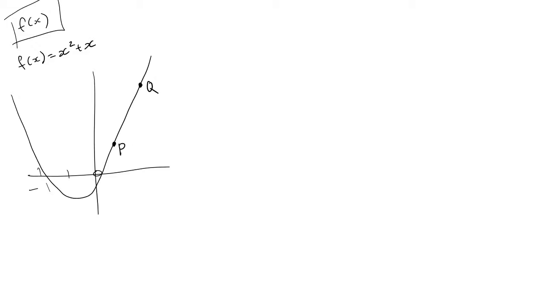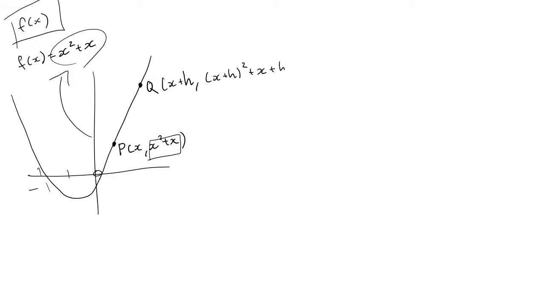That's Q. So that point would be x comma x squared plus x, because that's the y value. We just substitute x into the equation, and so we obviously get x squared plus x. This point would be x plus h. So we substitute x plus h into x, and we get x plus h squared plus x plus h.